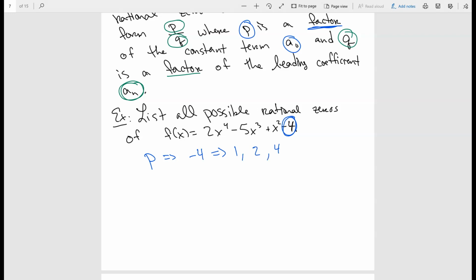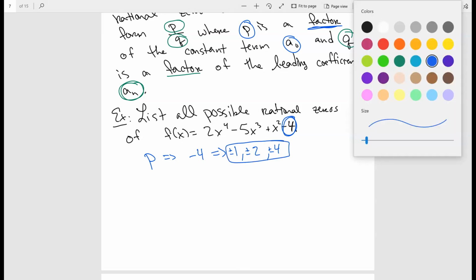Because there's a negative 4, this can be plus or minus. 1 is a factor because it can be multiplied by 4 to get 4. 2 is a factor because it can be multiplied by itself to get 4. 4 is a factor because you can multiply by 1 to get 4. These are all the possible factors of my constant term.